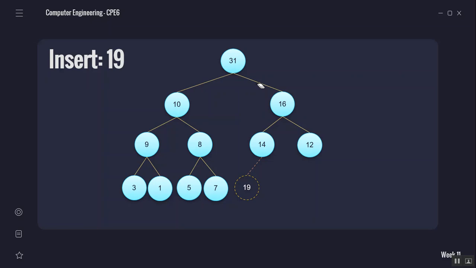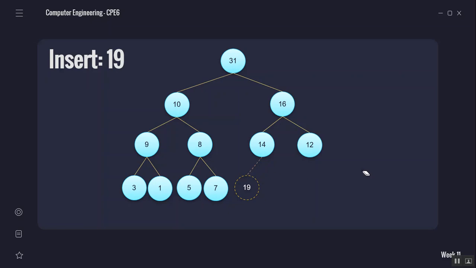It should start on the left subtree, not on the right. Only if the left subtree already points to a value do we insert 19 on the right subtree. So we always check the left subtree first.